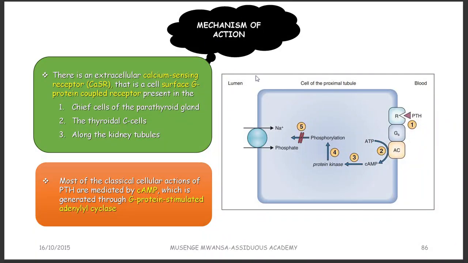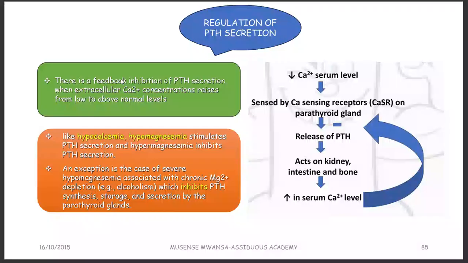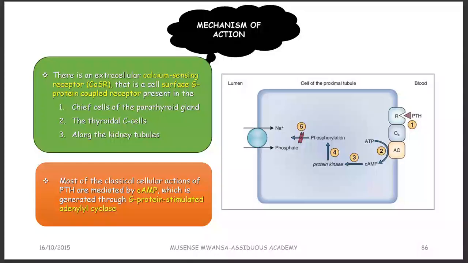So how does this work? What is the mechanism of action of the parathyroid hormone? Remember the extracellular calcium sensing receptor. It will be able to notice the decrease in calcium in blood.